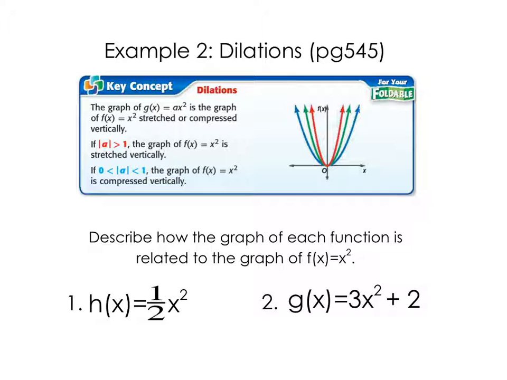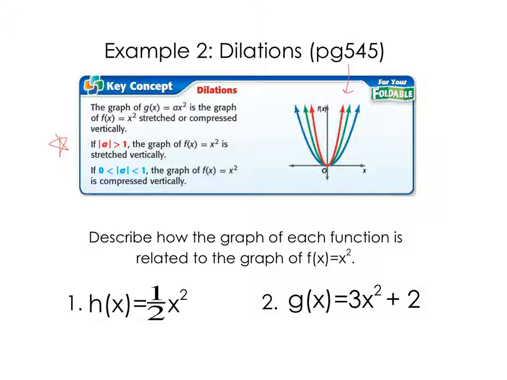If a, and again a is the number in front of x squared, if the absolute value of a is greater than 1, the graph will stretch vertically, which means our parabola will become thinner. So this is again in red.